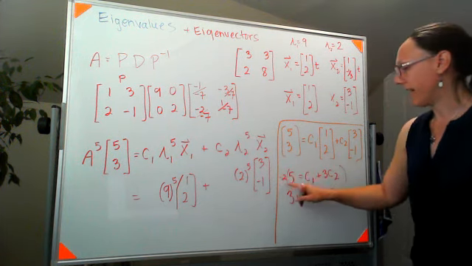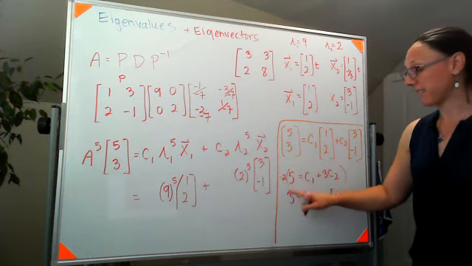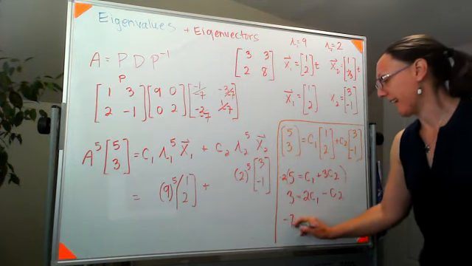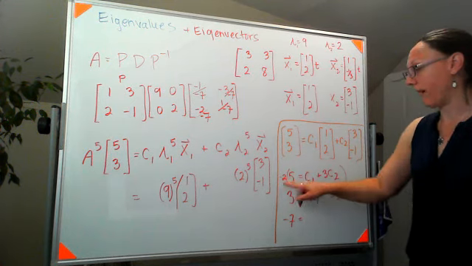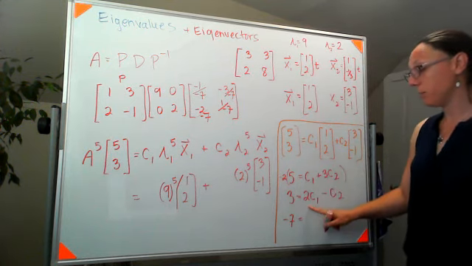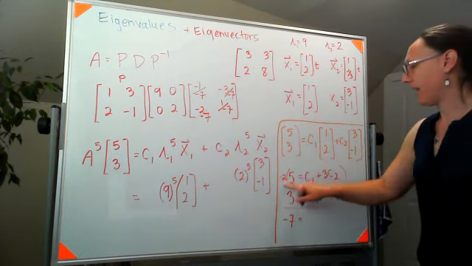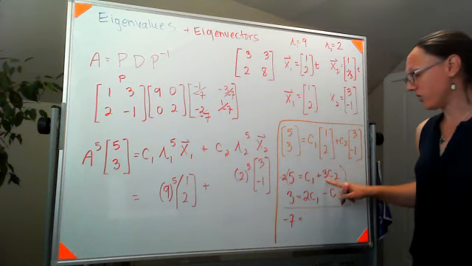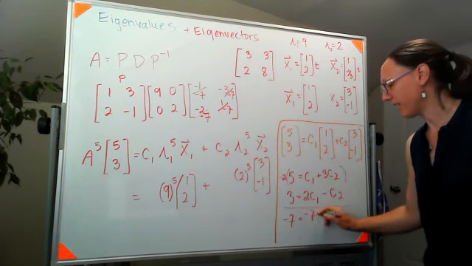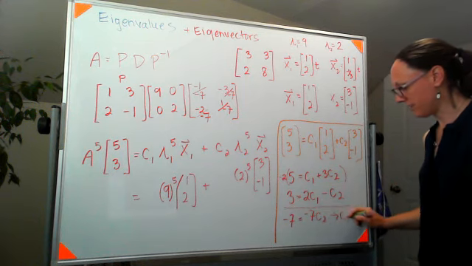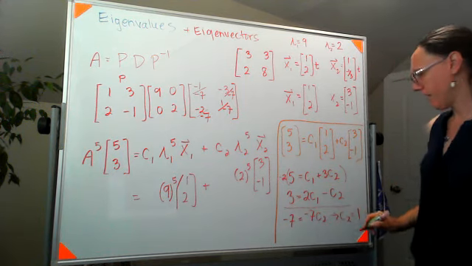So I'd have -2 times 5 and get -10 plus 3, so that's -7. My C1 terms would go away because I'd have -2C1 plus a C1. And then I'm going to have -6C2 minus another C2, or -7C2, which means C2 is equal to 1.